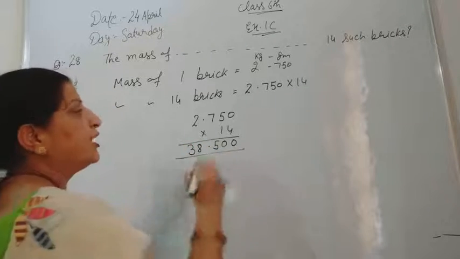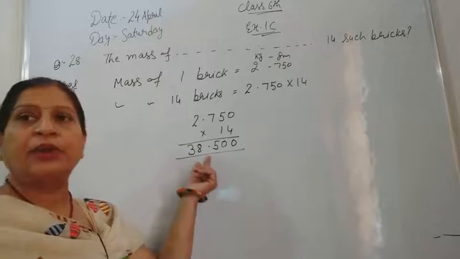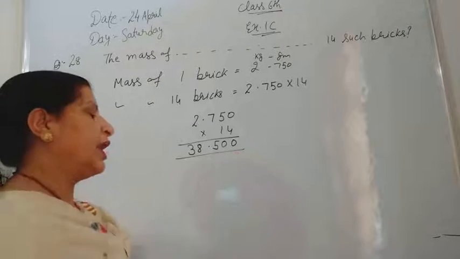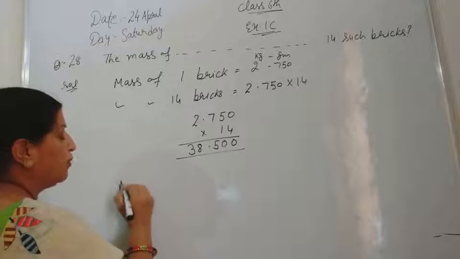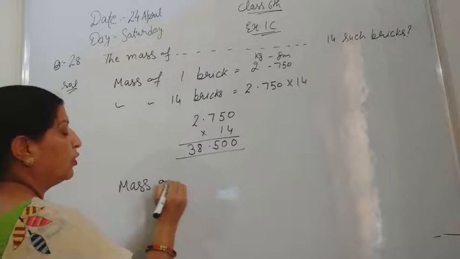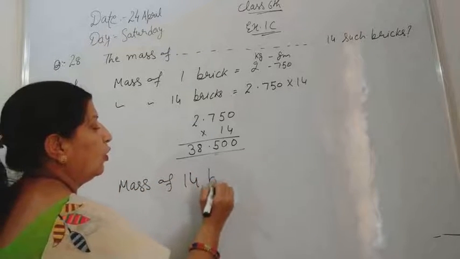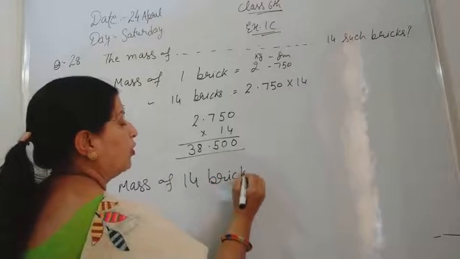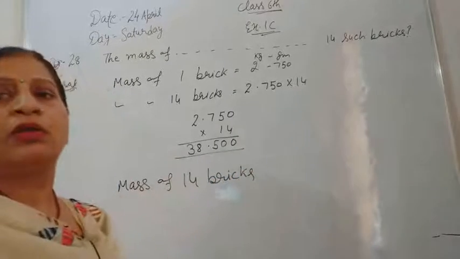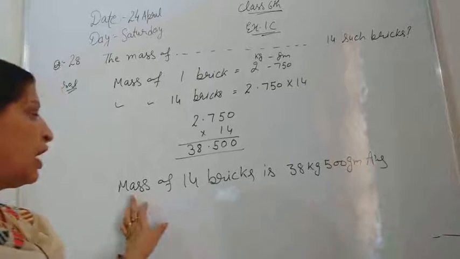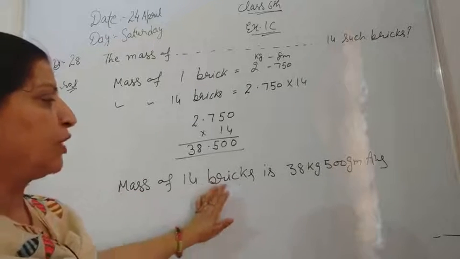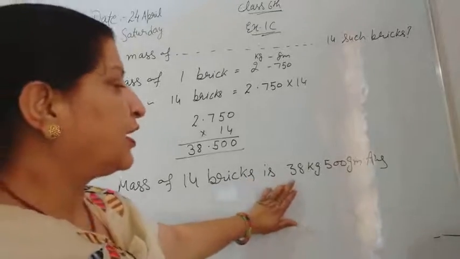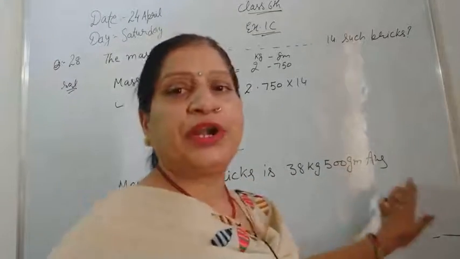Now the answer is 38 kilogram 500 gram. So after doing the multiplication, we find that the mass of 14 bricks is 38 kilogram 500 gram.